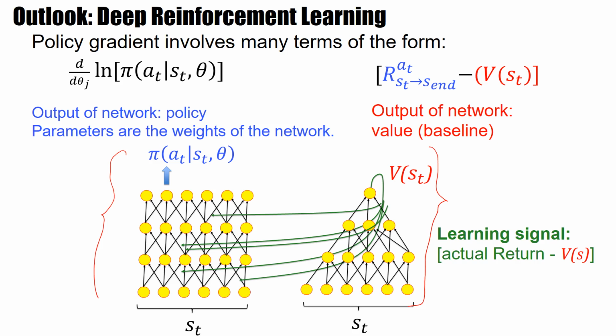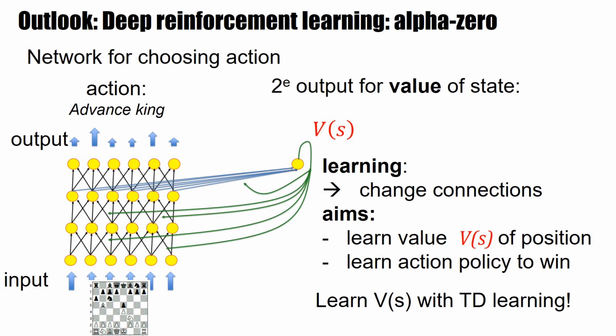The left-hand side has to be optimized with the derivative of the log policy, and the right-hand side is optimized either by actual return minus V or using some tricks from TD learning. And in the end, this difference is the actual return minus some mean, and that's used for updating the parameters of both networks.